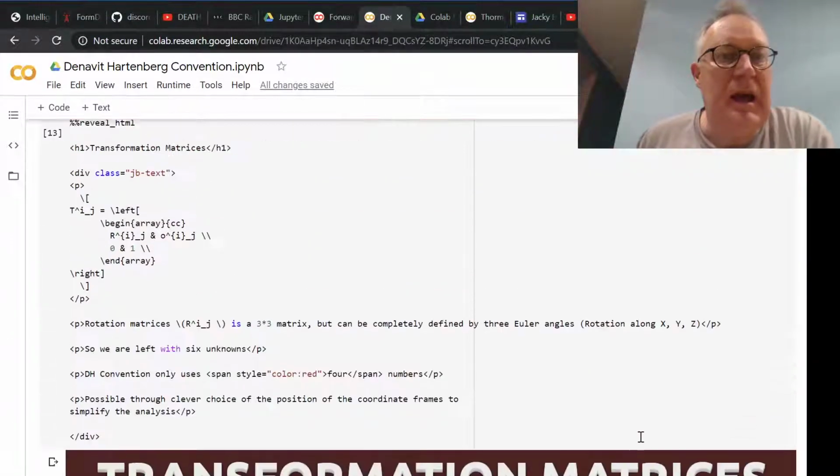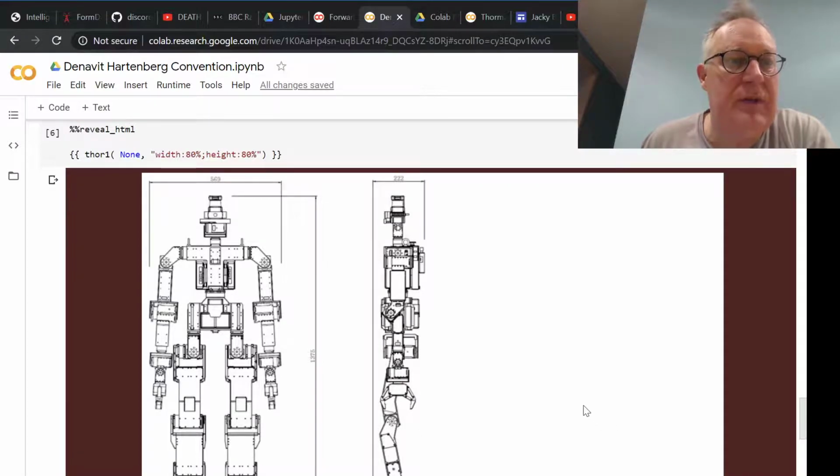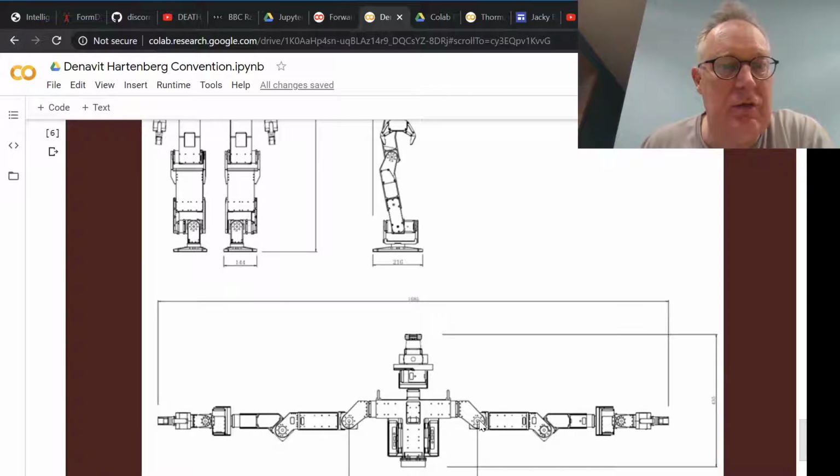So if we're looking at the Thormang robot, here we only have revolute joints. But this constraint now means that the z-axis of this joint here, for example, would be pointing outside of the page or into the page, because the joint rotates like this.